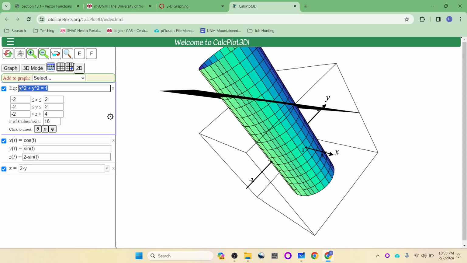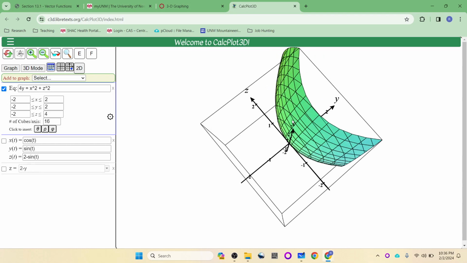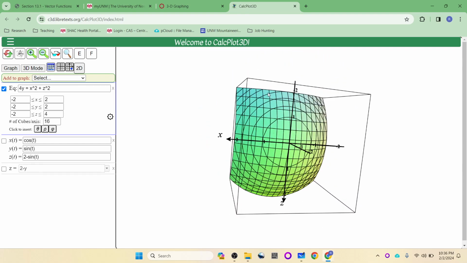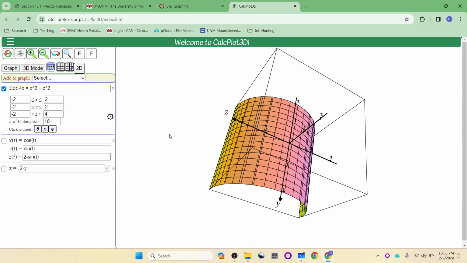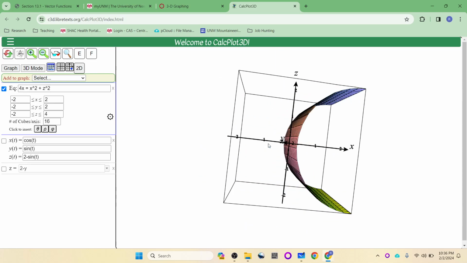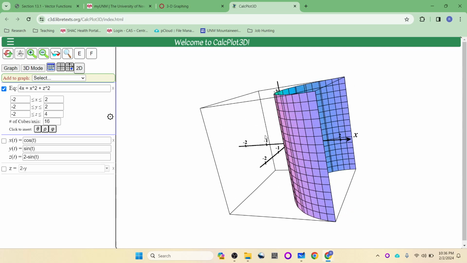So let's delete these. 4y equals x to the second plus z to the second. Oh, that's a paraboloid, isn't it? Well, actually, I don't even know what shape that is. Oh, shoot. I copied it wrong. This is supposed to be 4x. There. That's a cylinder here. That makes more sense. The second one was y equals x.